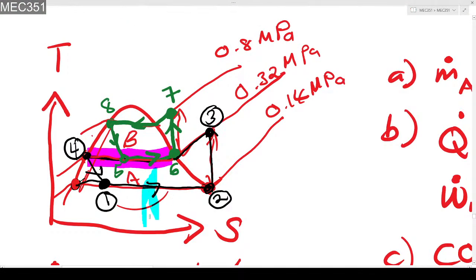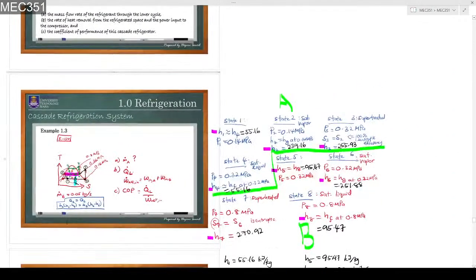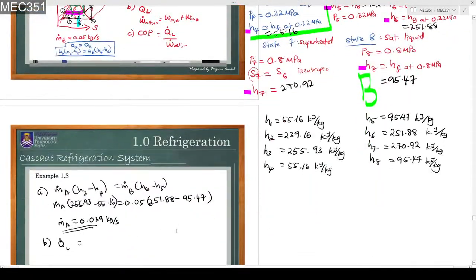So this happens here, Q dot L. So you have to find the value Q dot L by using the M dot A, because it happens in the lower cycle and also between the enthalpy H2 minus H1.